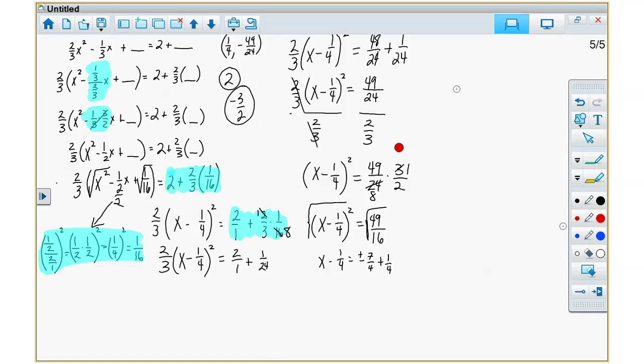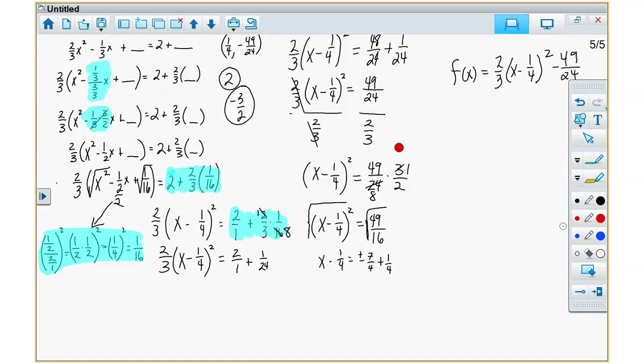F of x is equal to 2/3 times x minus 1/4 quantity squared minus 49 over 24. Is that what you're asking?